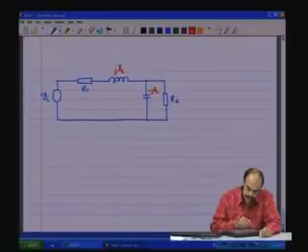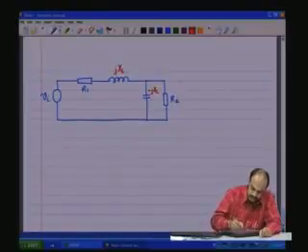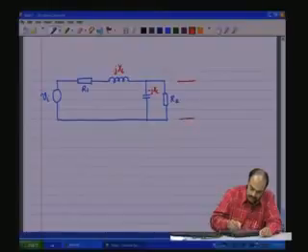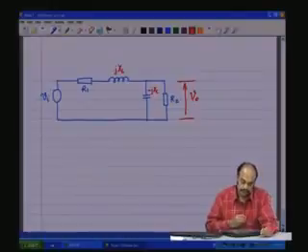So, for example, if one needs to know what is the voltage across the output, which is basically this value.